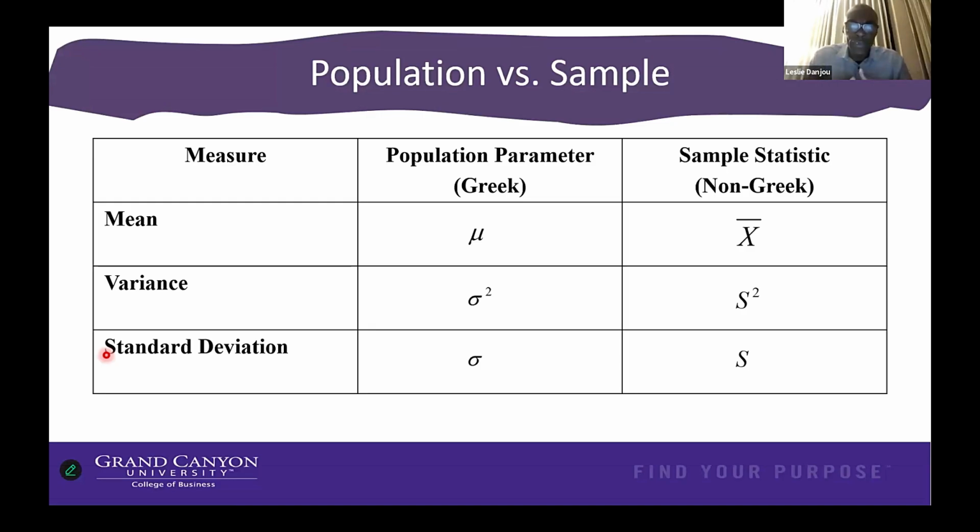When we're making claims, we're making statements. We're making these claims using sample data. Ultimately, we're using these samples to understand the population parameters. All right, so here is our sample data.